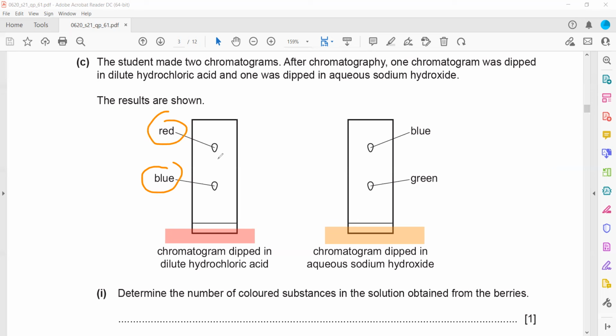You have to check only the number of the spots, because the number of the spots gives us how many substances are there in the mixture. So if we have two spots, it means it consists of two substances. If three spots, it means three different substances.